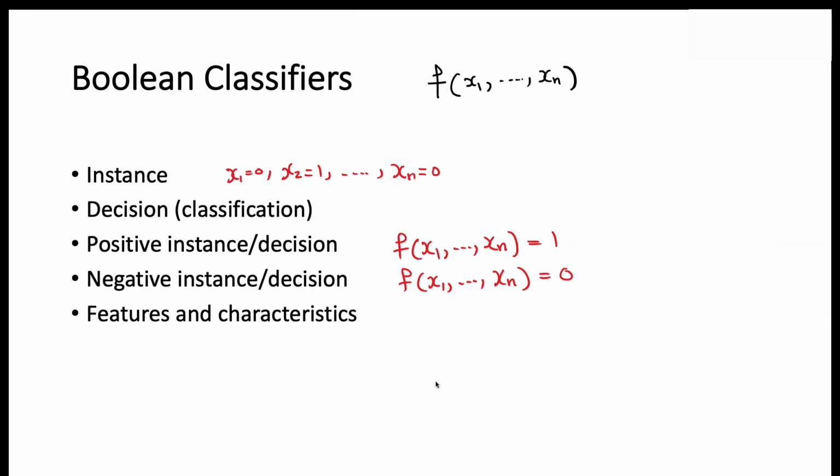Sometimes we will have to distinguish between the notion of a feature and a characteristic. These are used loosely in the literature, but in some of the papers I'm going to show you later, that distinction is made clear. So what's the difference between a feature and a characteristic? The variables on which the classifier acts, we're going to call features. When a variable takes a particular value, we call it a characteristic.